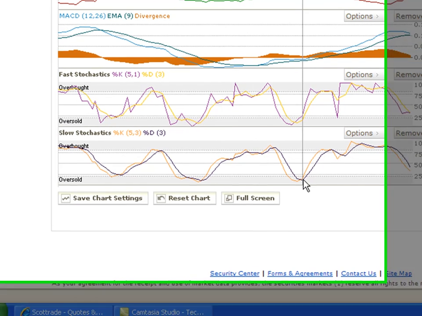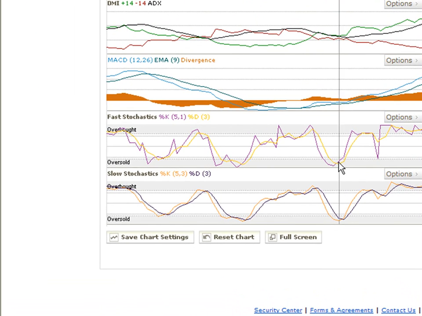If you look at fast Stochastic at this point, we can see that it showed a bullish signal a lot faster than slow Stochastic did. But in many other cases, like here, it showed a bullish signal, but it was not confirmed by slow Stochastic. So you can look at fast Stochastic to see a possible change for slow Stochastic, but you need to wait for slow Stochastic to confirm a bullish or a bearish signal.